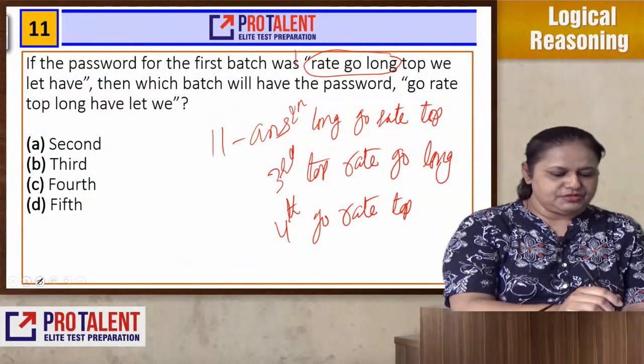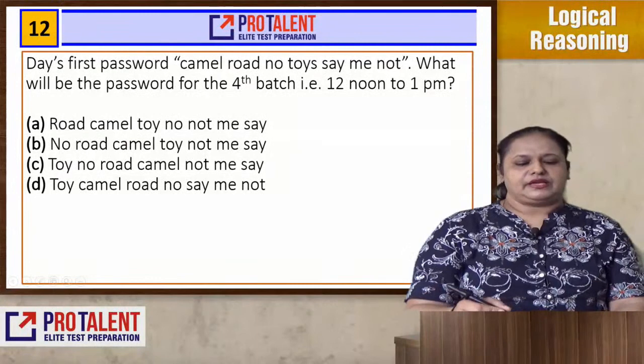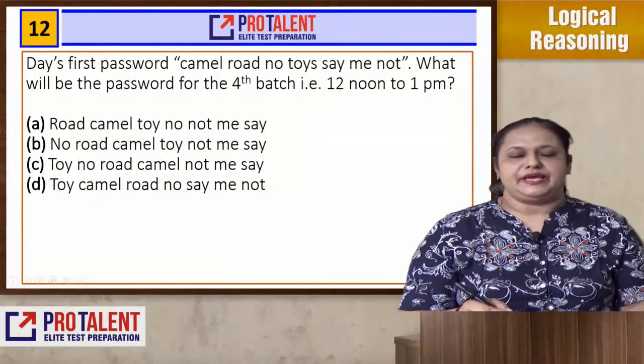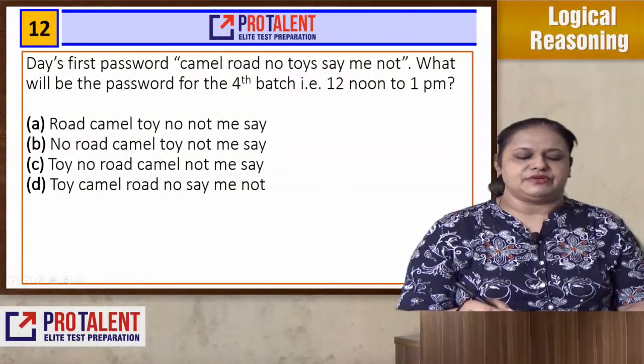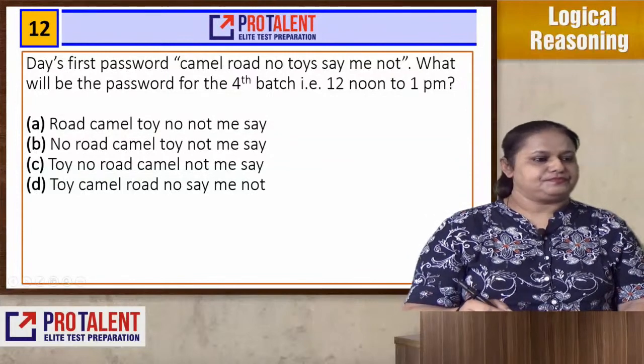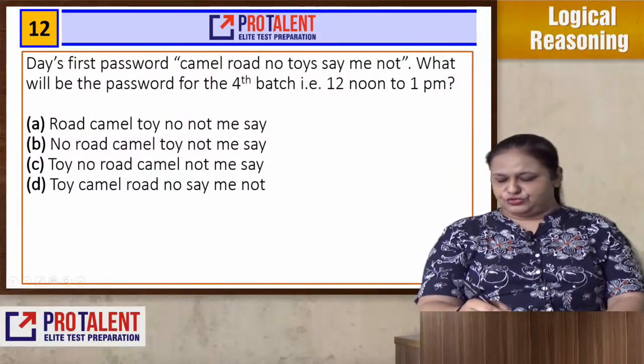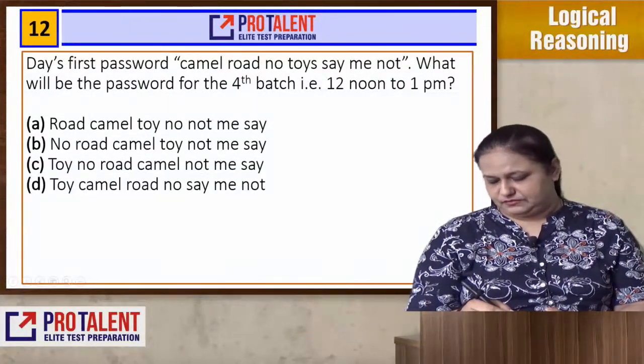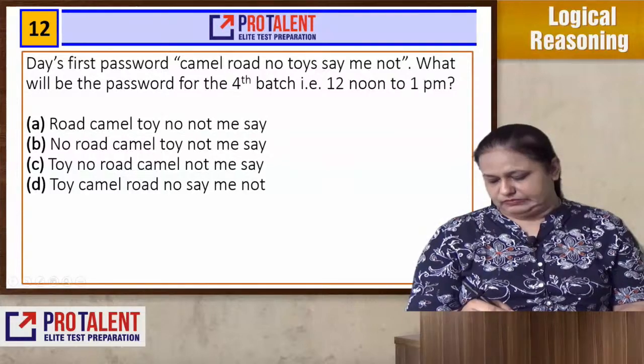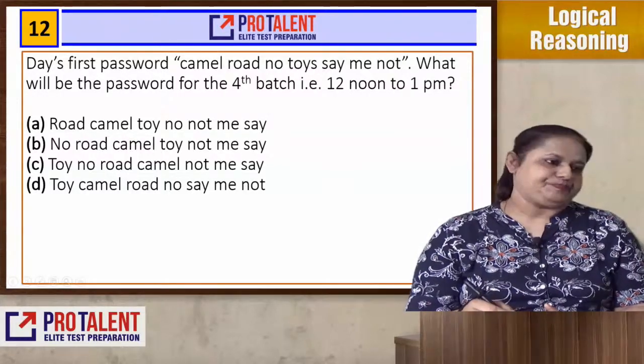Let's come down to question number 12. Camel rode, no toy say me not. So what will be the password for the fourth batch? What is the answer to question number 12? Correct.